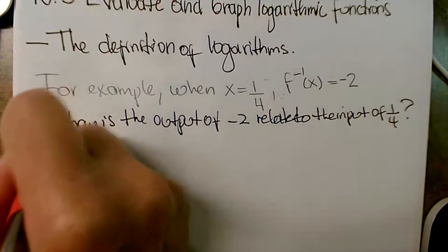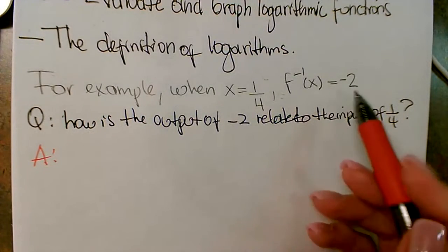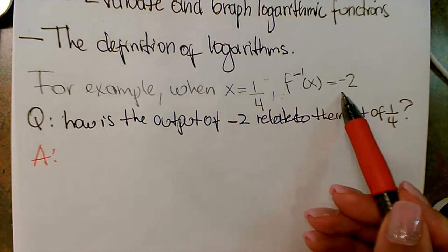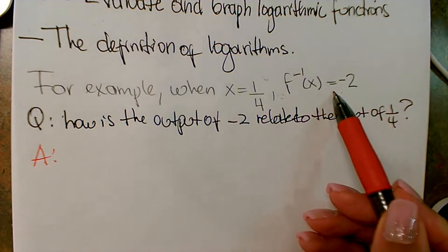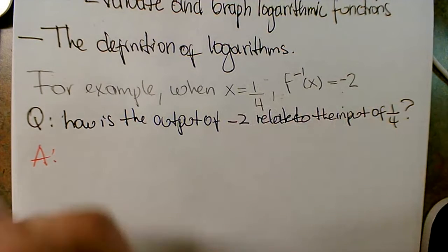So here's the answer. The output of -2 is the power that I need to raise the base of 2 to get this.